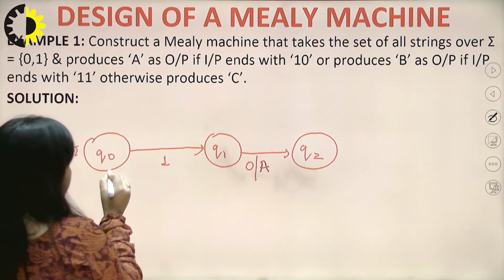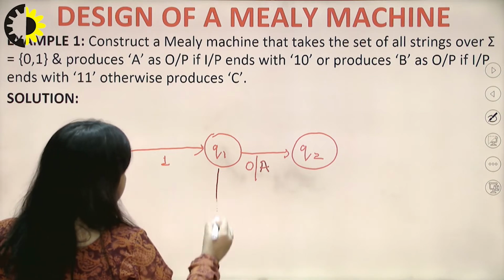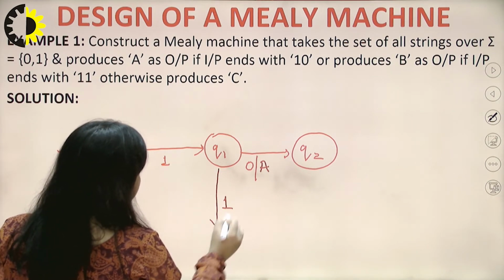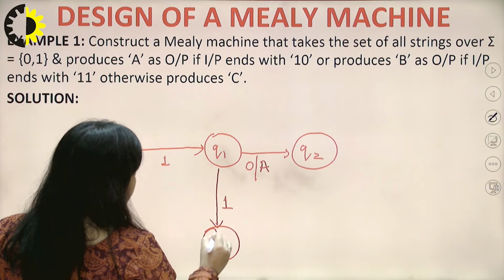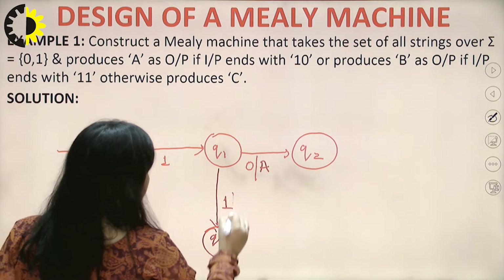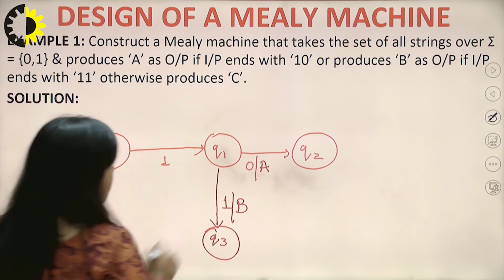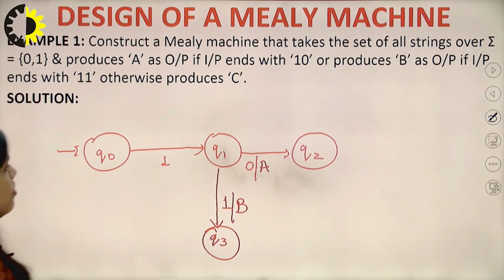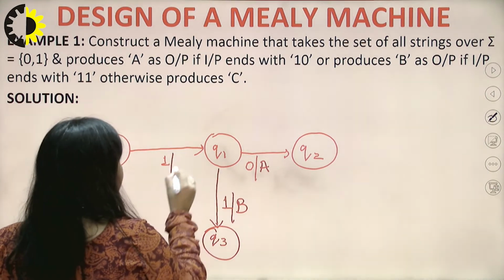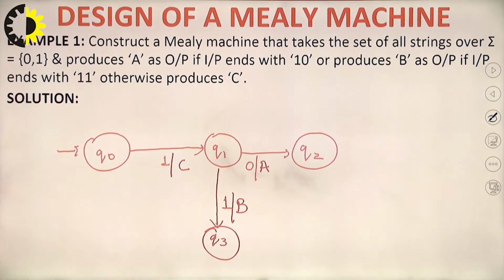So we take it as 1, Q3. So as we see, whenever we have 1, 0 and otherwise it is returning C.